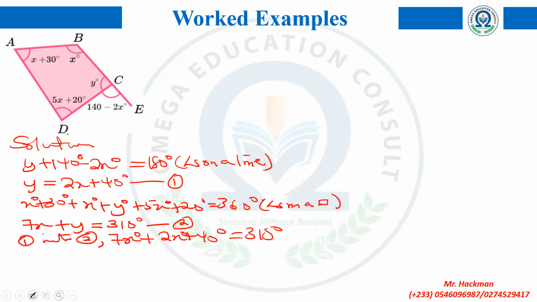So at this point, when I'm coming down, I always write close to the margin. So it will be 7x plus 2x, that will give us 9x. Then you get 310 minus 40, and that will give us 270. Very good.